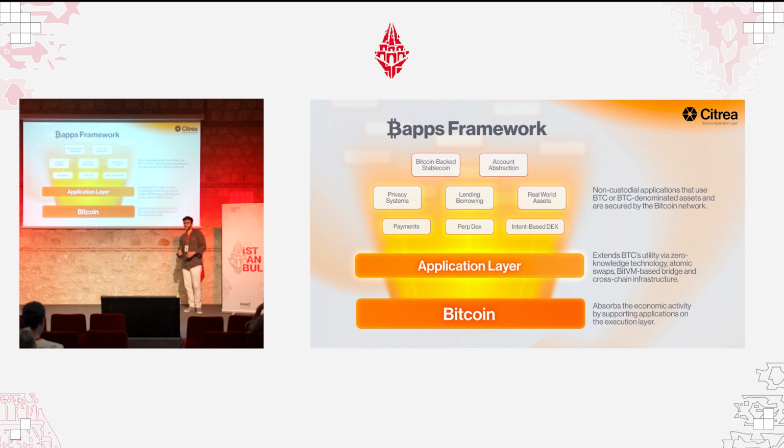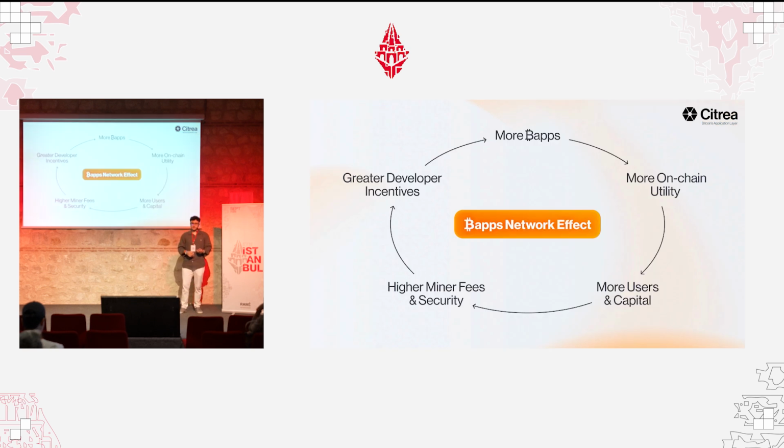And then you open up the way for devs to come in and deploy BAPS. As people deploy more BAPS, there's more on-chain utility, more users with more capital. Since this chain is not doing a vampire attack on Bitcoin, you're paying back fees to Bitcoin, you're actually supporting Bitcoin security. More users and capital bring in more developers to build more BAPS, and that's a flywheel, basically.